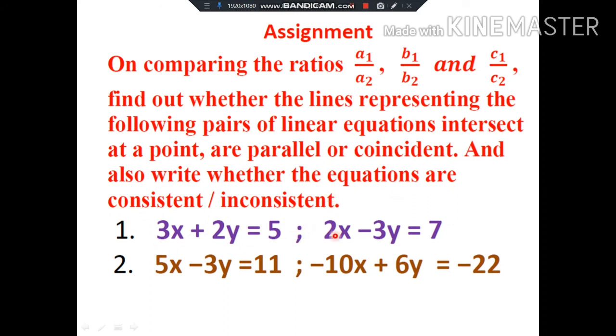So first pair of equations: 3x plus 2y is equal to 5 and 2x minus 3y is equal to 7. Second pair of equations: 5x minus 3y is equal to 11, and second equation, minus 10x plus 6y is equal to minus 22.